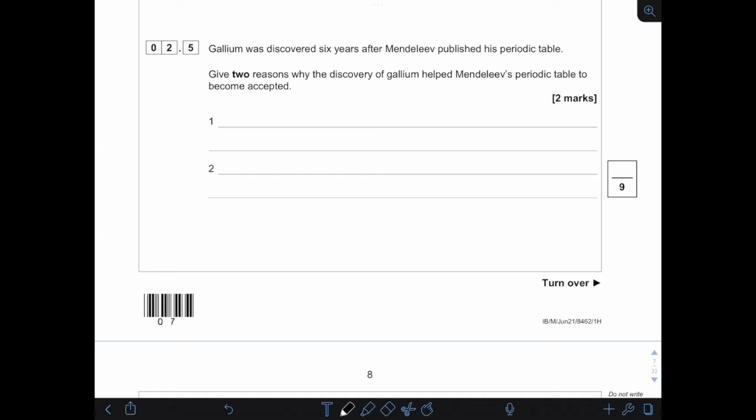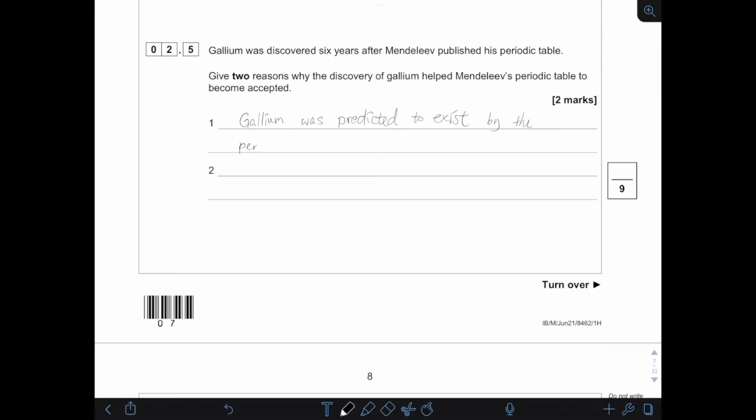So just to put it in words, gallium was predicted to exist by the periodic table. So the periodic table already had a gap for gallium before it was even a thing. So that's the first reason.